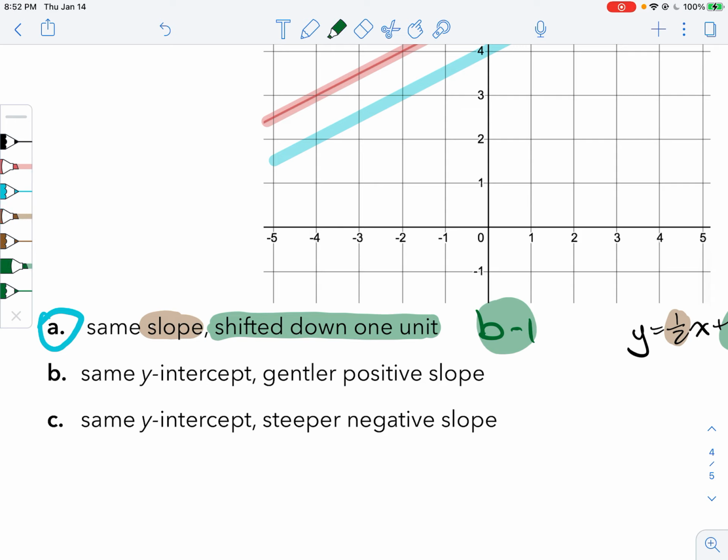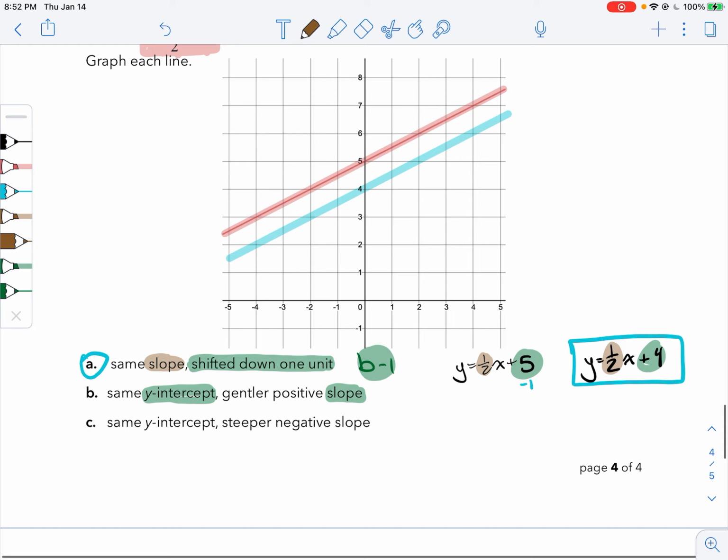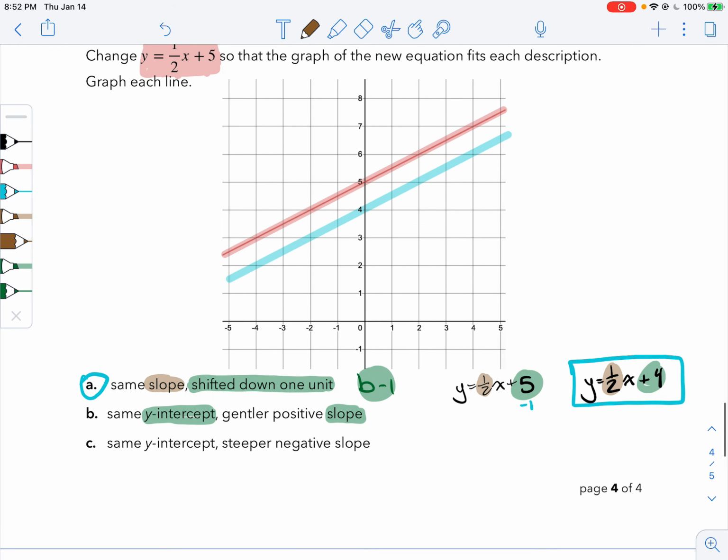This time we're going to keep the y-intercept the same, but we want a gentler positive slope. So we want the slope to be not as steep. In order to make our slope not as steep, oh, I made that the wrong color. So our slope needs to go smaller.